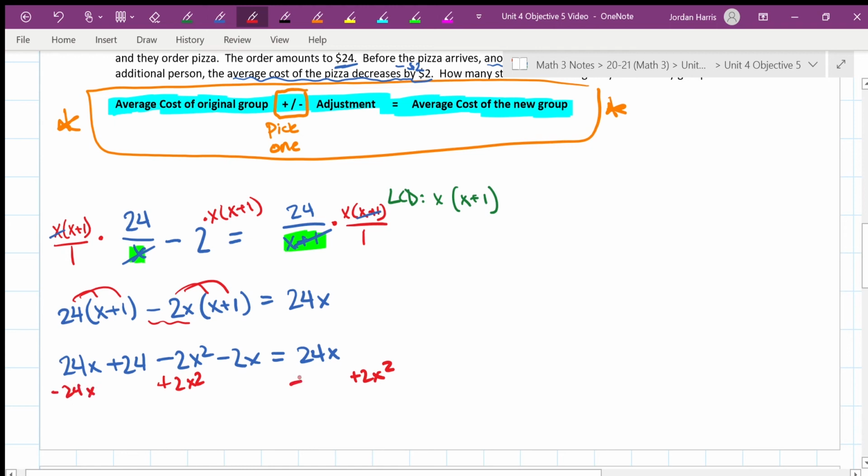Notice I'm subtracting 24x. Those two terms are going to go away. But we need to move everything over because it needs to equal 0. But I want it to equal 0 when I have a positive x squared term. So I end up with 0 equals 2x squared plus 2x minus, oops, I don't know why I said 240. It's minus 24.